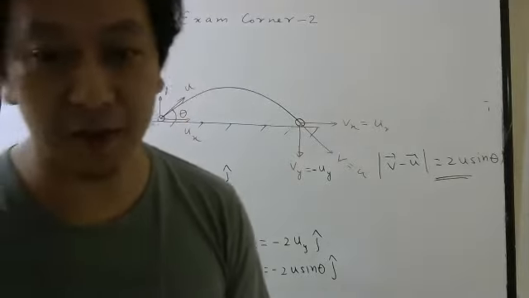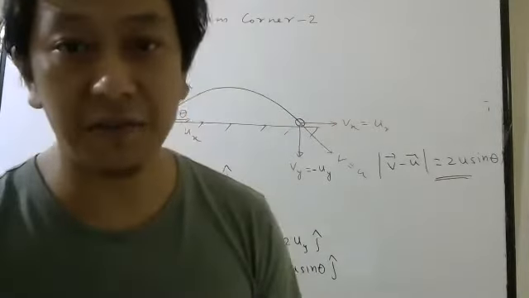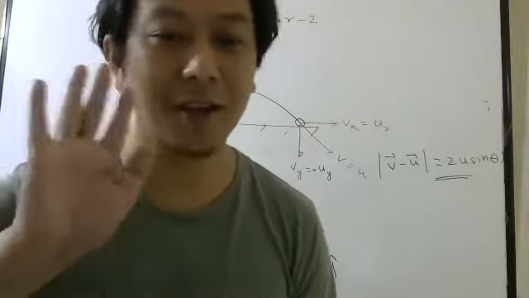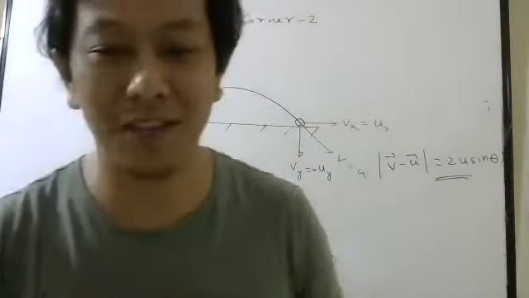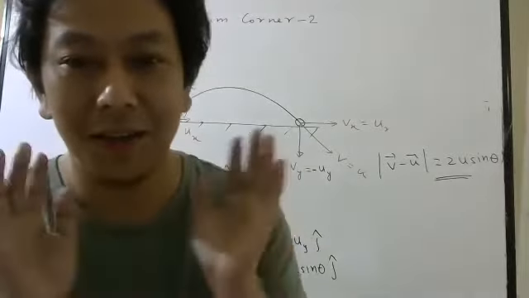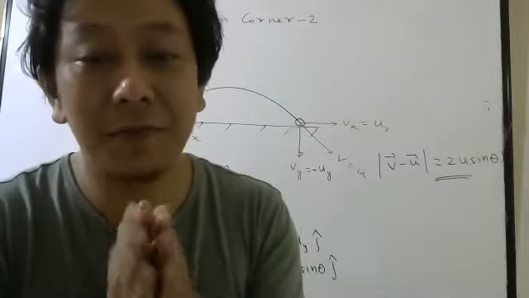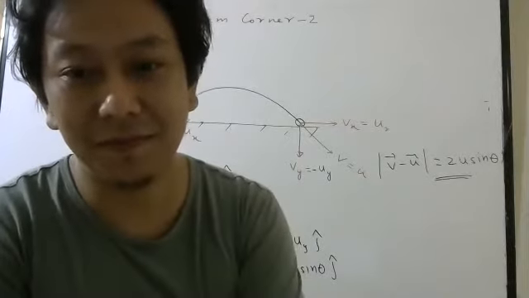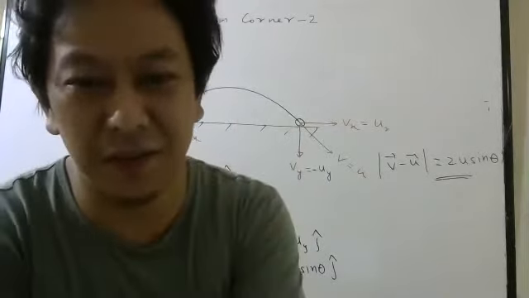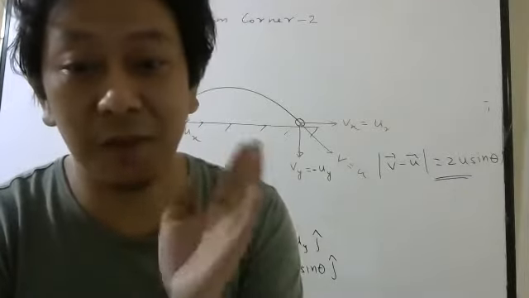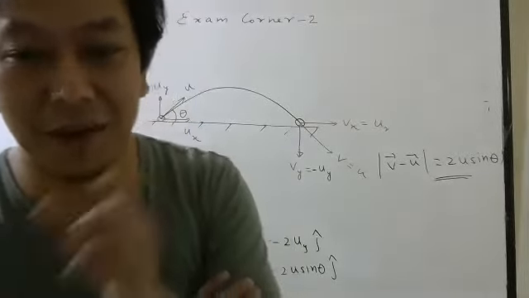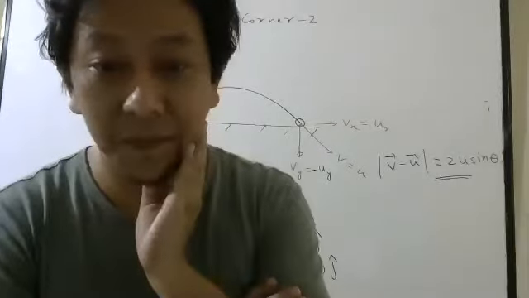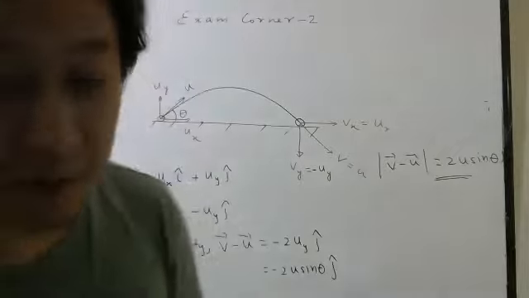Everybody accepted 0, right? If 5 becomes 5, change will be 0. Now tell me, if 5 becomes minus 5, what will be the change? You can tell only the magnitude. Actually, it will become minus 10, but if you say magnitude only, it will be 10. Understood, everyone? So this is something important to remember.